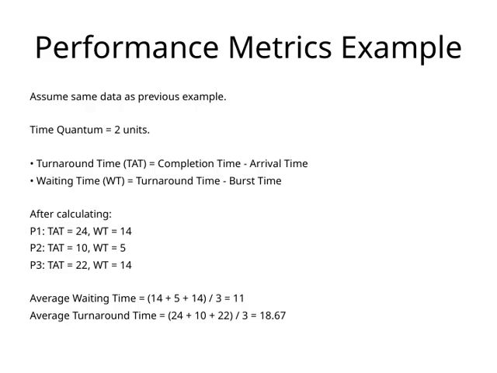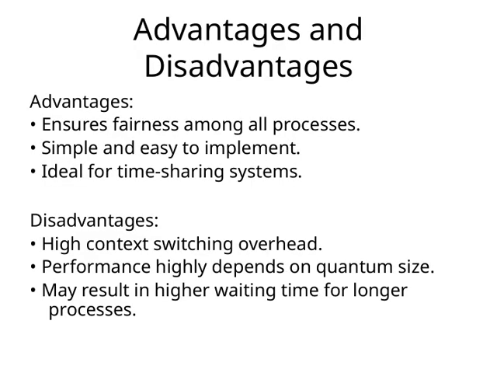Similarly, the average turnaround time is the sum of all TATs divided by 3, which is approximately 18.67. These metrics are crucial because they help us evaluate how efficiently our scheduling algorithm is performing. The lower the average waiting and turnaround times, the better. So, by analyzing these numbers, we can see the impact of our scheduling choices and aim to optimize them for better system performance.